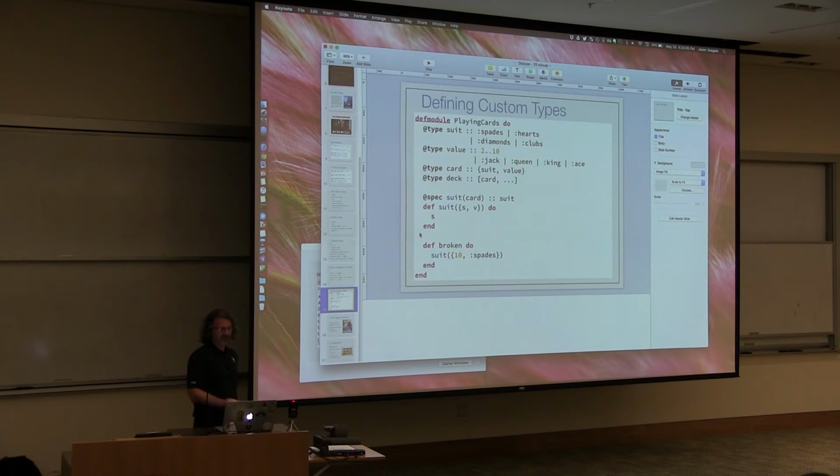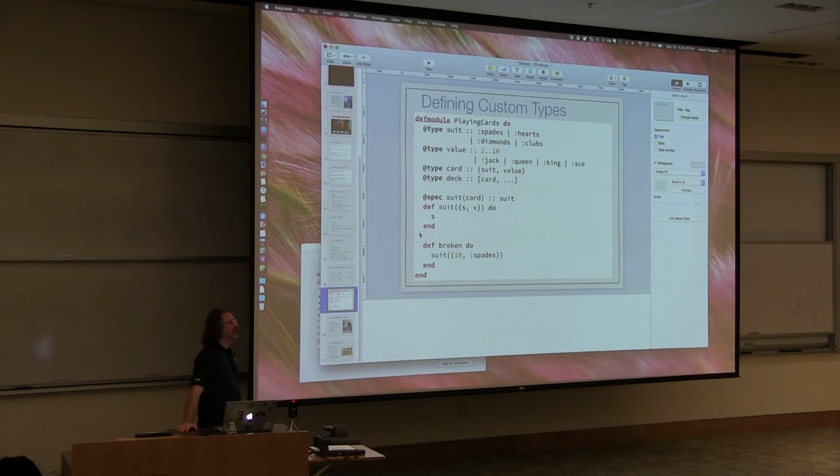But by default in Elixir, those are all visible. So you'd basically be saying playing cards.suit in this example from the outside world. That's what opaque types get into: they allow you to refer to those types from the outside world but not know the details of them. That's a cool thing I didn't really have time to get into.